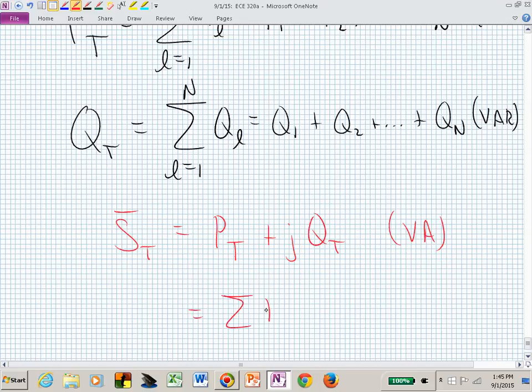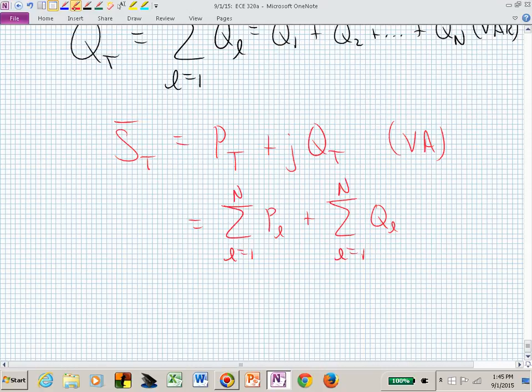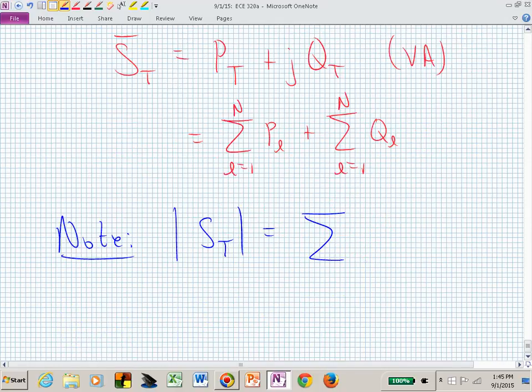And if you wanted to, you could go back to what we had done before. What I want you to leave with, though, is this caution. The magnitude of the total complex power is not equal to the sum of the magnitudes of the complex powers.